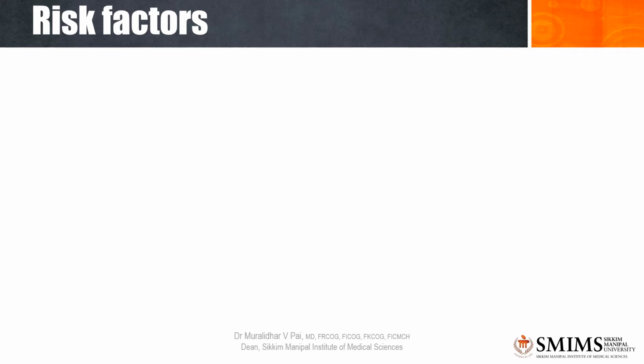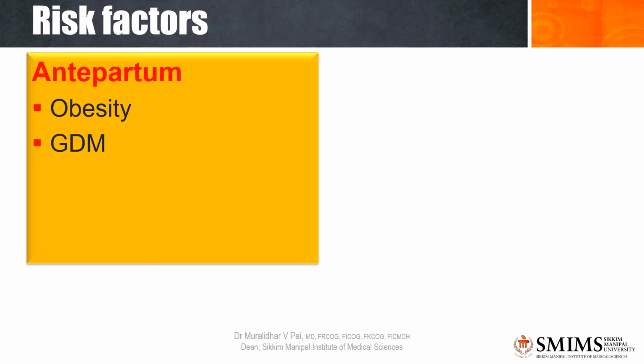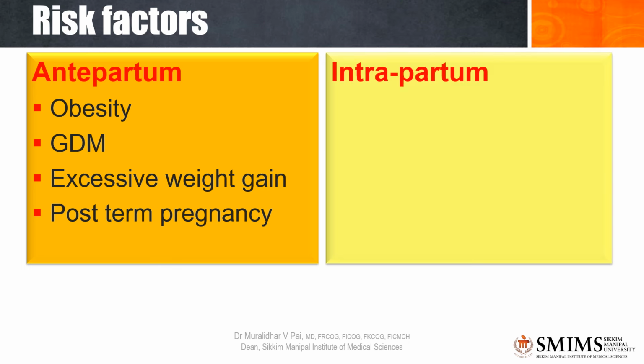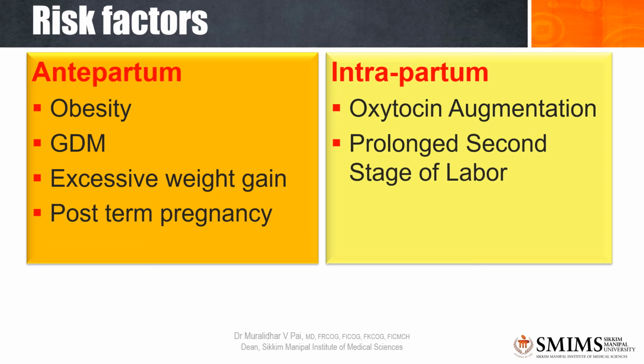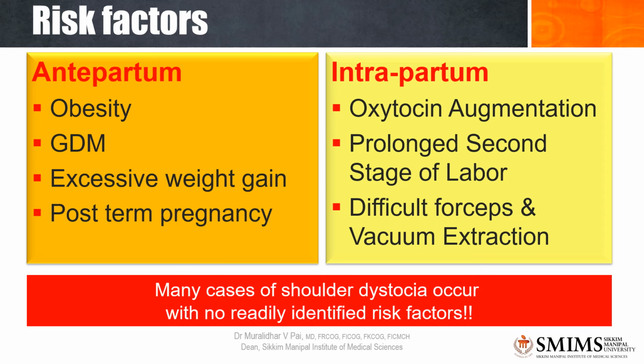The high risk factors may be antepartum, such as obesity, GDM, excessive weight gain, and post term pregnancy, or they could be intrapartum events such as need for oxytocin augmentation, prolonged second stage of labor, difficult forceps and vacuum extraction. One must remember that in many cases there may not be any identifiable risk factors.